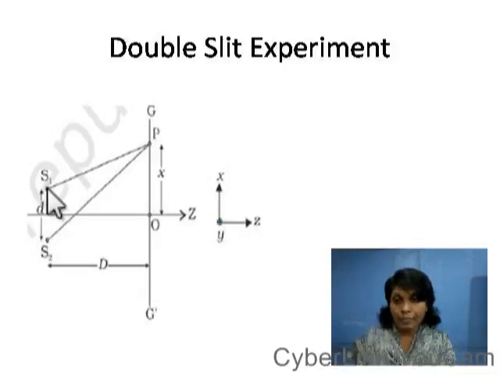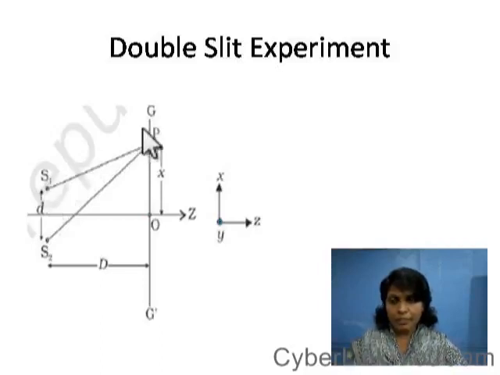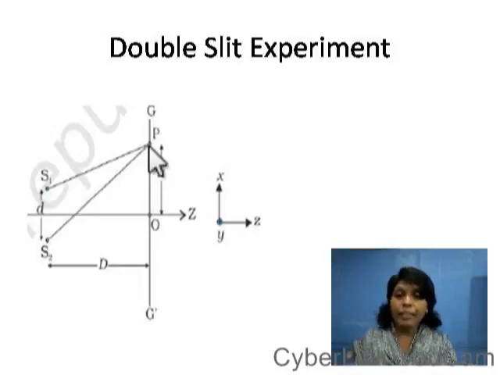When there is no path difference, according to the condition, it must represent a bright fringe. The question here is, a point P on the screen, an arbitrary point on the screen, will it be bright or dark?